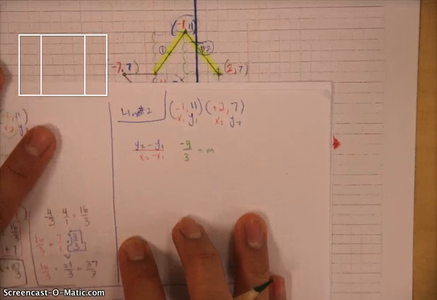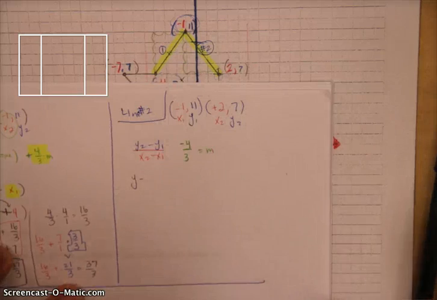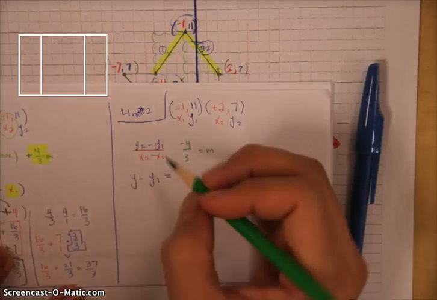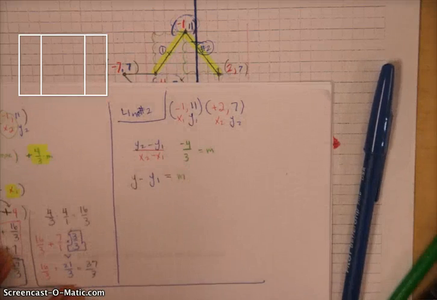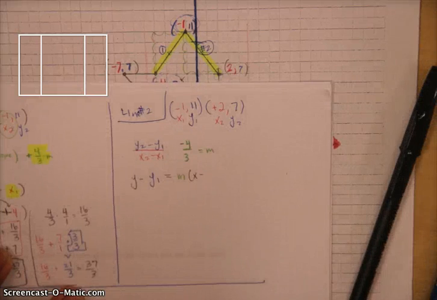We can see what it looks like. Here's the equation all over again: y minus y1 equals m times x minus x1.